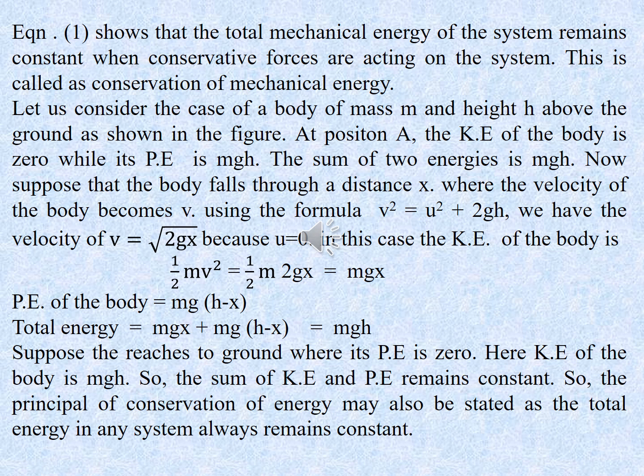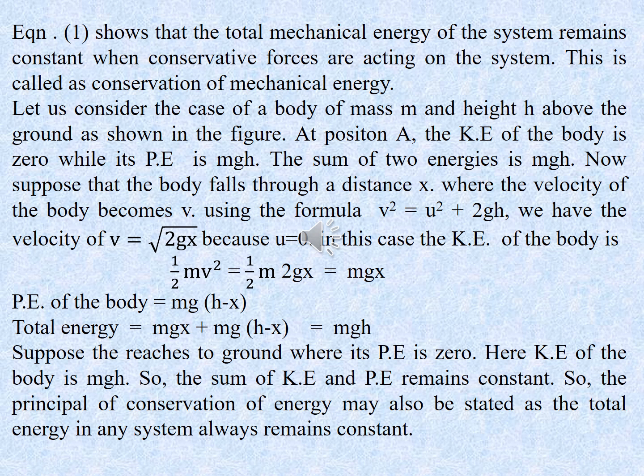The kinetic energy of the body is half m v square, that is half m into 2gx. After solving we get mgx. The potential energy of the body is equal to mg into h minus x, that means mgh minus mgx.